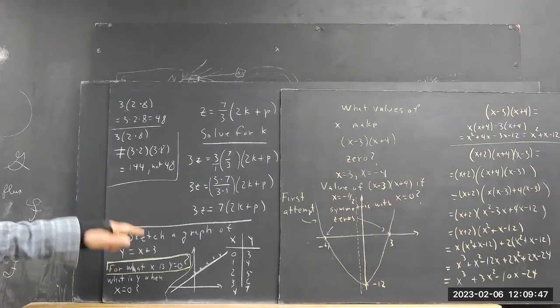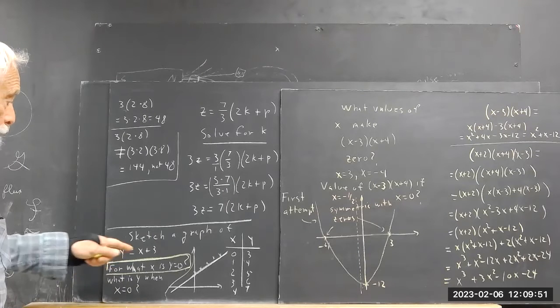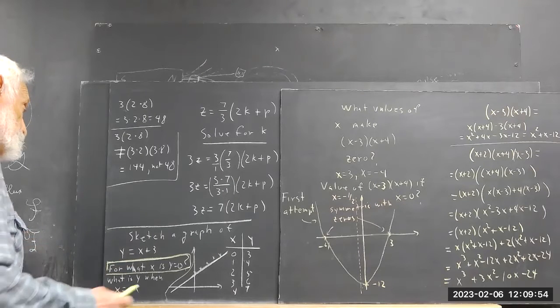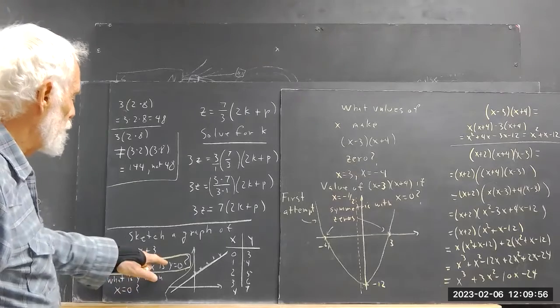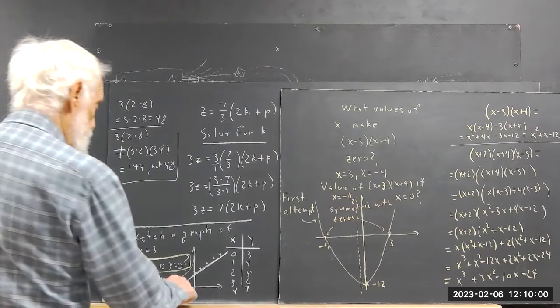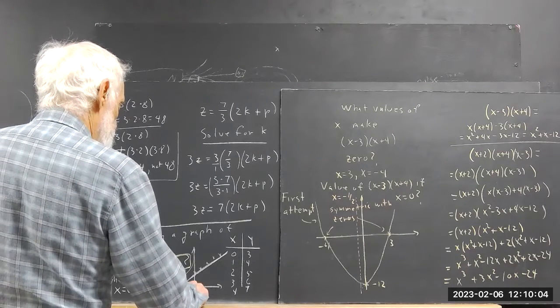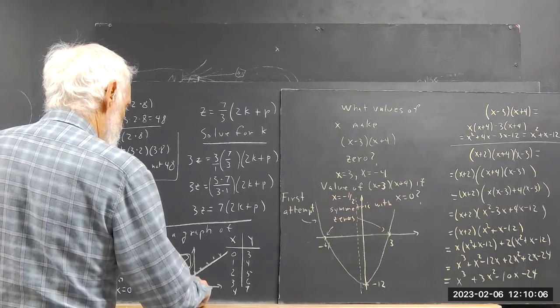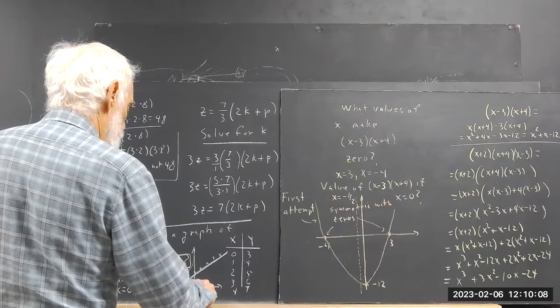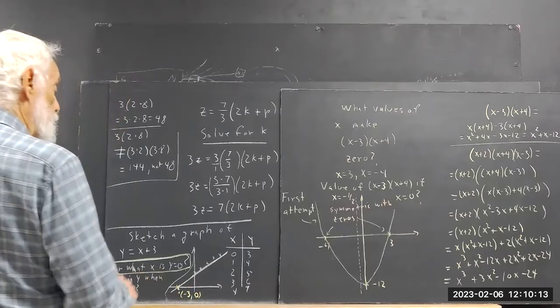The only thing you can add to 3 to get 0 is -3. So we answer that question: x is -3. If x is -3 and y is 0, doesn't that tell us this point should be (-3, 0)?